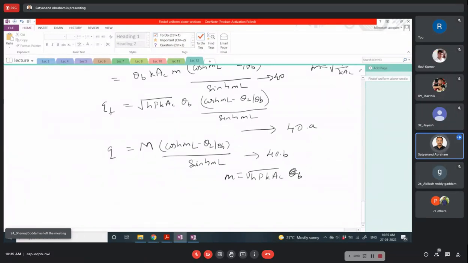When you say that T_B is at some particular temperature, whatever is happening outside is not our concern. We don't know what is outside. It might be vacuum, it might be very low convective, it might be very high convective.